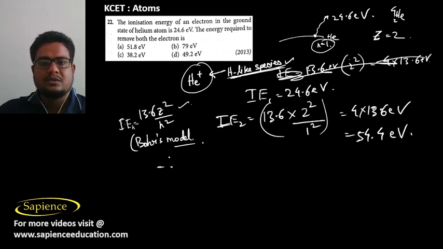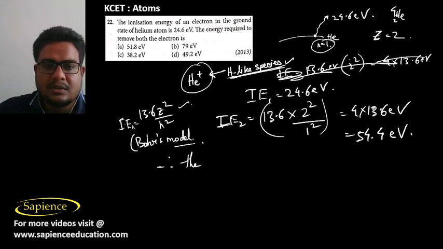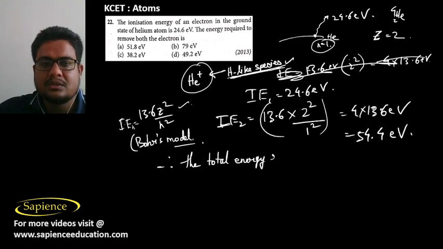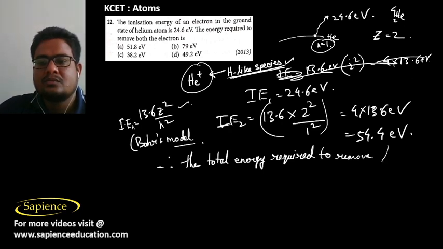So now the total energy required to remove both the electrons is the sum of the two ionization energies.